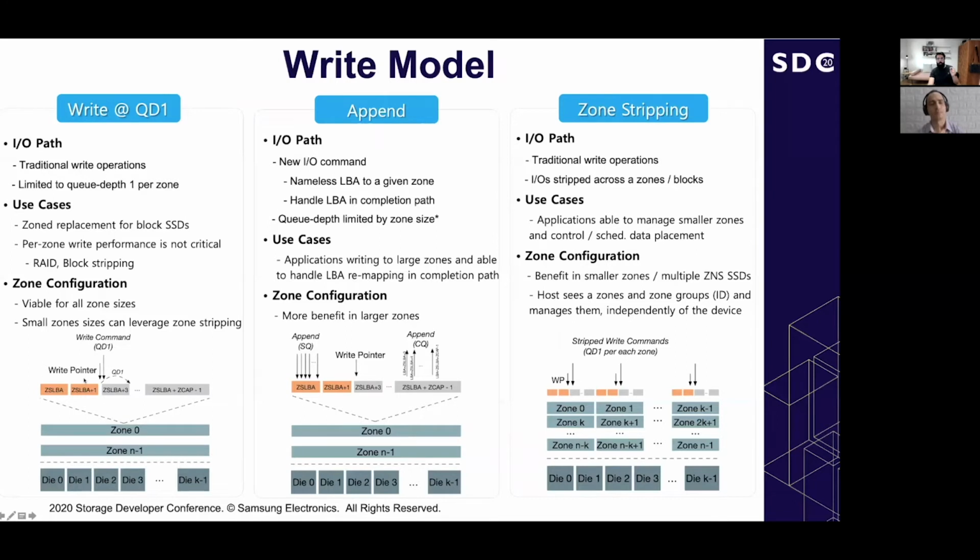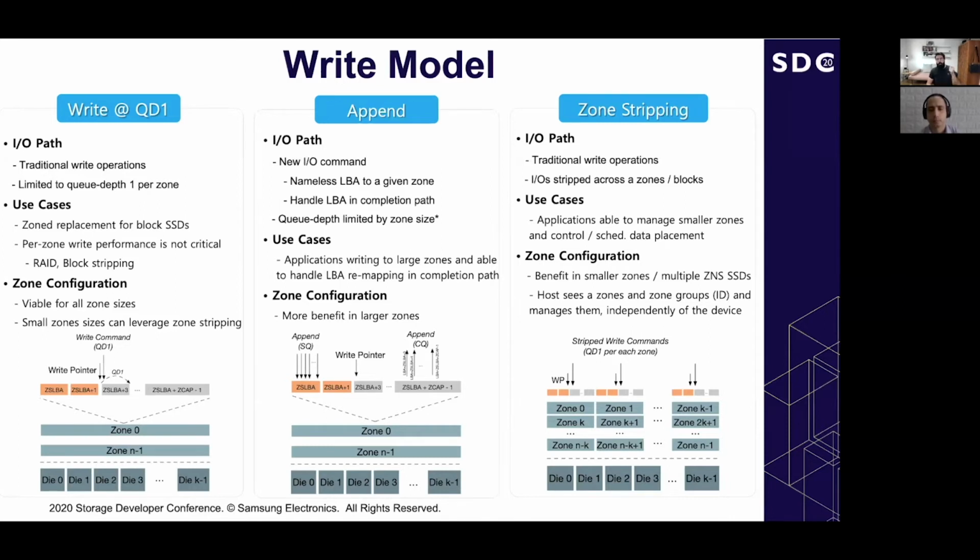The write pointer sits at a specific LBA. And when we send write IOs to that particular zone, we need to guarantee that IOs are completed before we send a new IO to the zone. This is because of the non-ordering guarantee in NVMe.